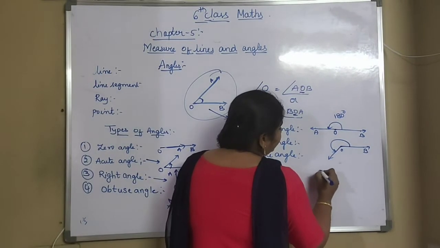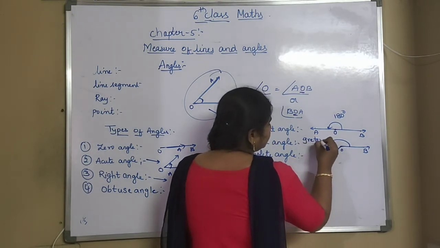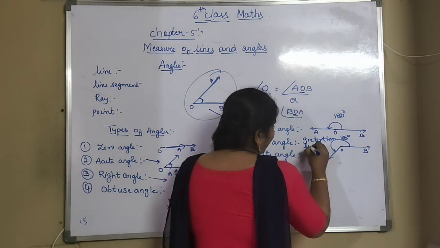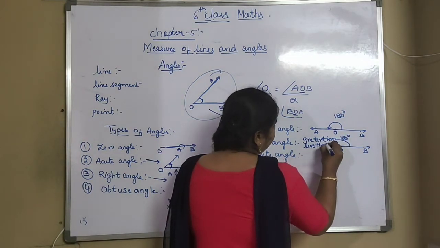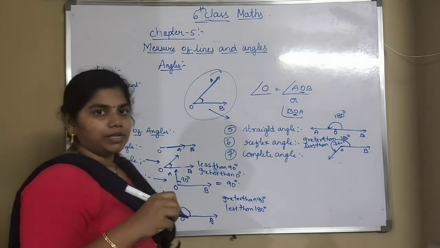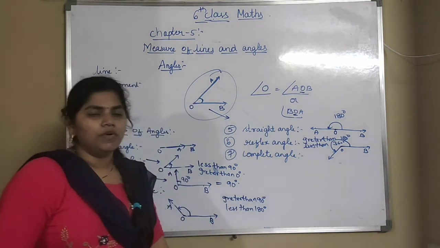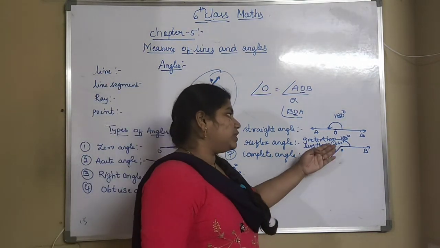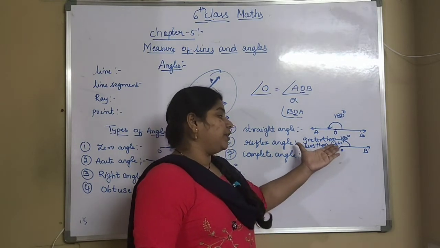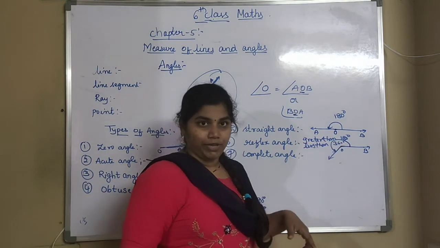That will be greater than 180 and less than 360 degrees. If it is greater than 180 and less than 360, all the angles will be in the form of reflex. That means 270 is also a reflex angle. 330, 335 is also a reflex angle. 355 is also a reflex angle.